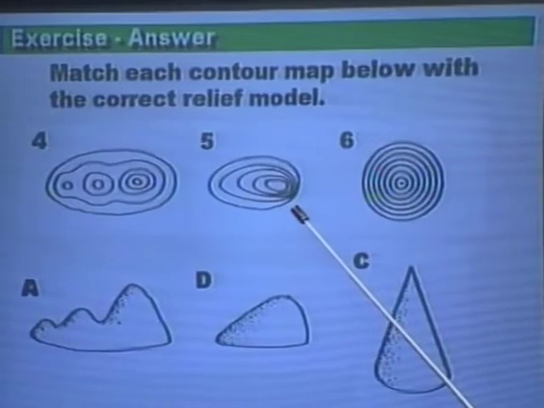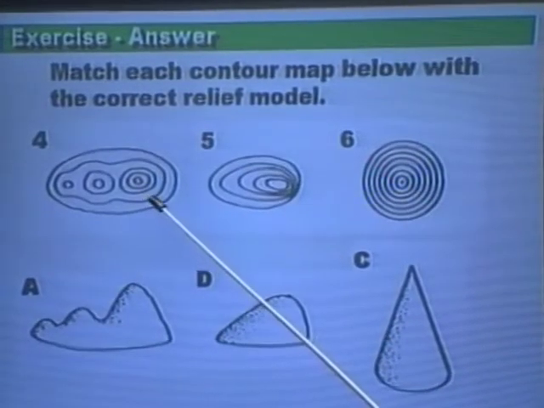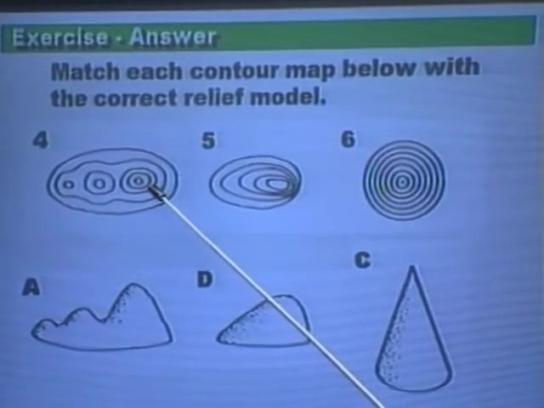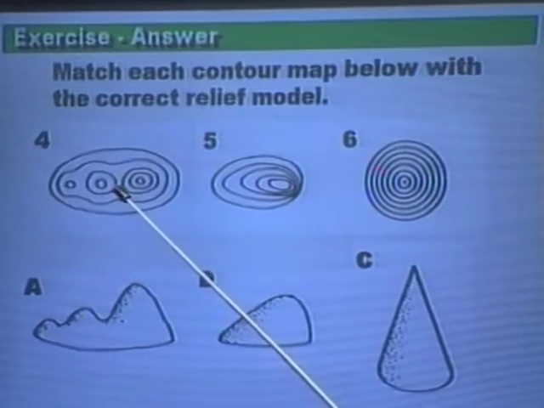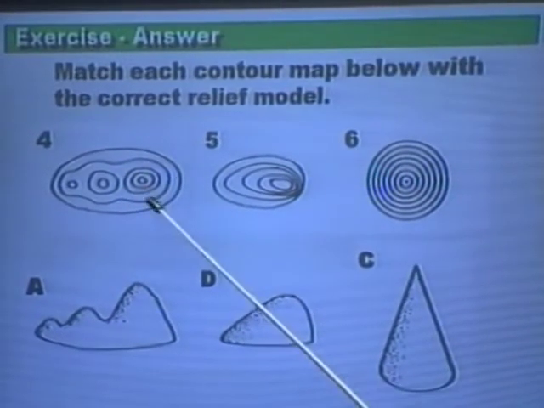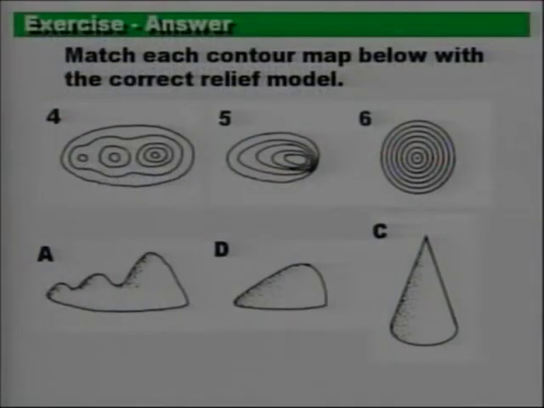And when you come to pattern 4, you will note that there are more circular contour patterns on the far right than the middle and the left. Therefore, the far right would be higher than the left. So 4 will go with model A.